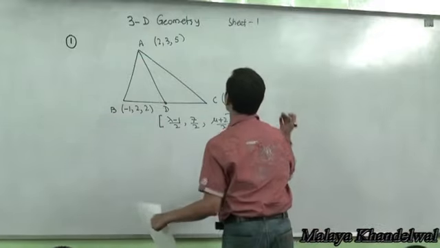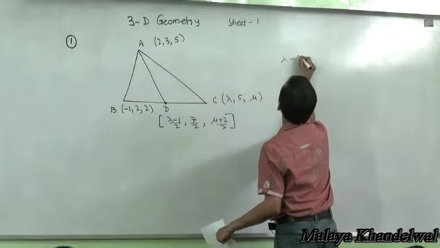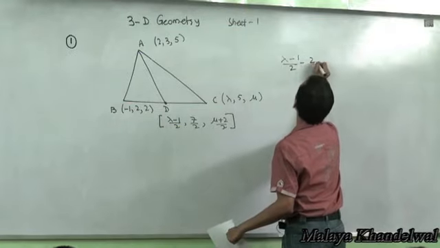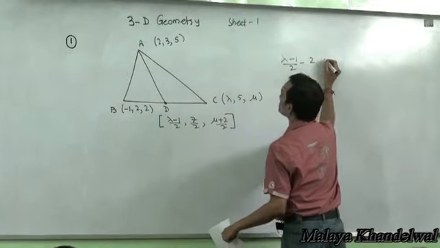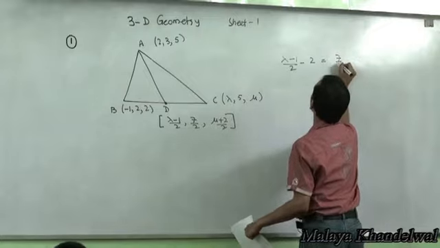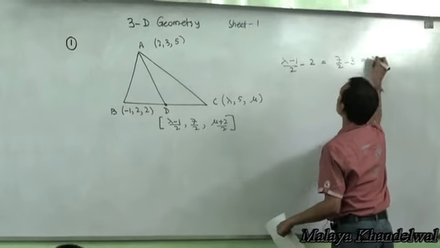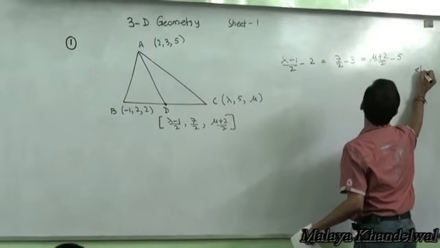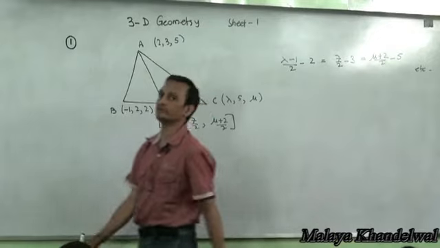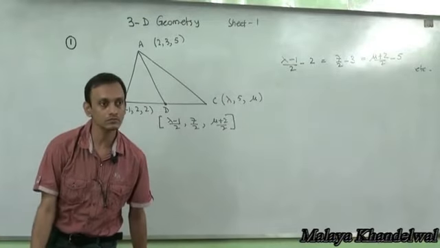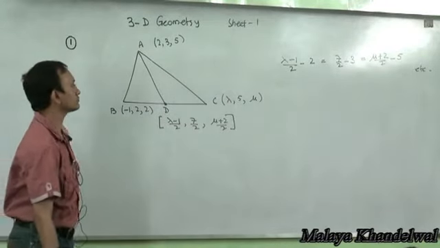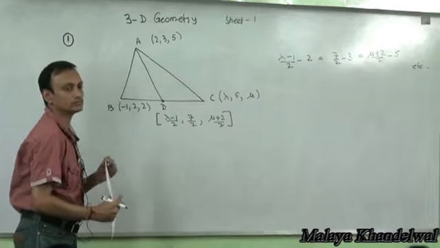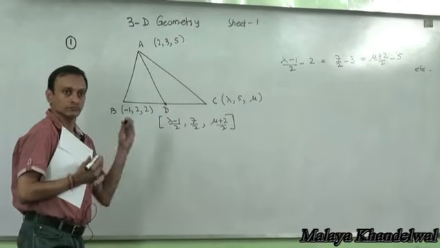That means (lambda minus 1)/2 minus 2 must be the same as 7/2 minus 3, which must be the same as (mu plus 2)/2 minus 5. And this makes lambda and mu available to you. Got me?